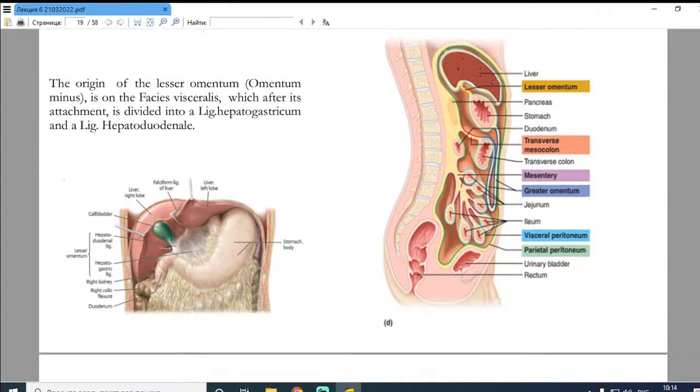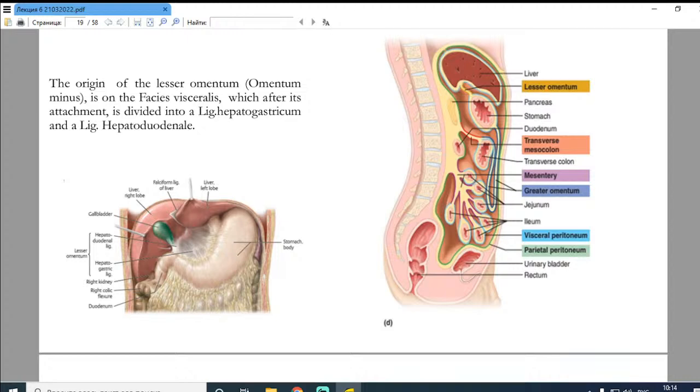The origin of the lesser omentum, omentum minus, is on the facies visceralis, which after its attachment is divided into two ligaments: ligamentum hepatogastricum and ligamentum hepatoduodenale.